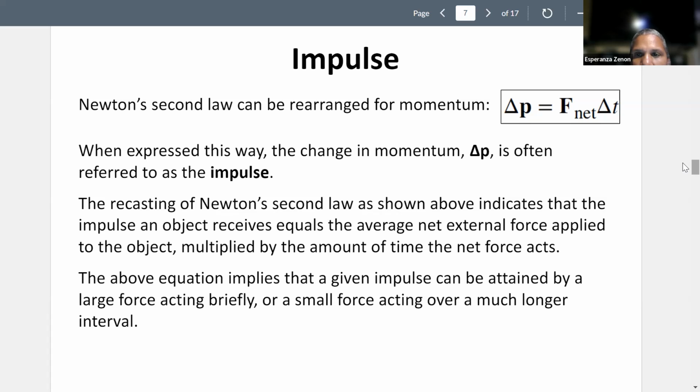If you look at the equation in the box for impulse, it shows what is behind the equation. What the equation really means is that you can get an impulse by having a large force act briefly, or a small force acting over a larger period of time, okay? Either will produce a large impulse or a large change in momentum.